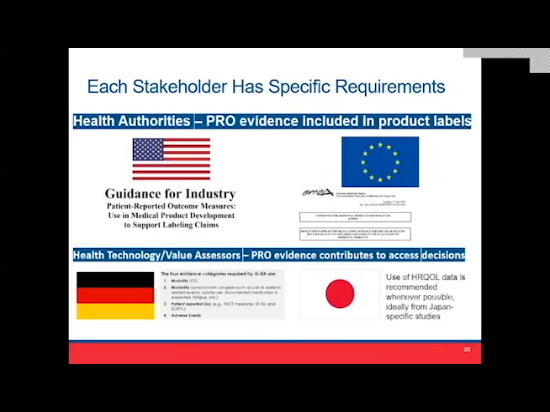Aside from the regulators, we have the health technology assessment organizations, or the value assessors, and they have their own criteria for the way that they are going to review the PRO evidence. With the regulators, what they are doing is looking at the safety, efficacy, and tolerability profile of the product, and they have to make decisions about whether to approve a drug or not.